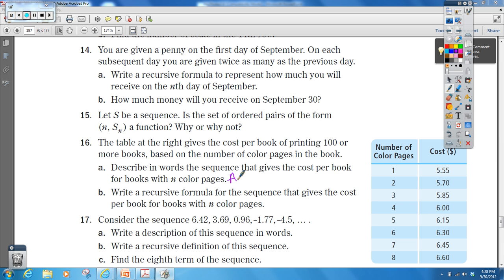I should say to print 100 books with one color page is $5.55 per book.